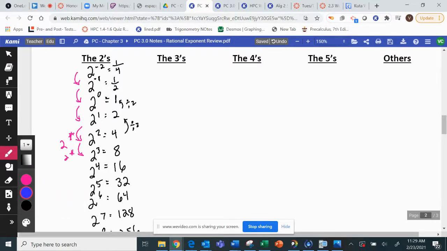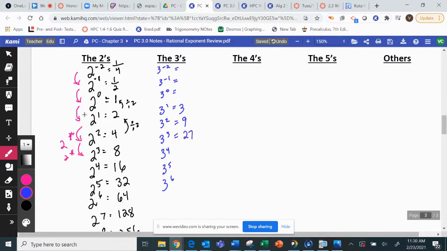All right, the 3's. I think 3 to the 6 would be the highest I would go. So 3 to the first is 3. To the second, 9.